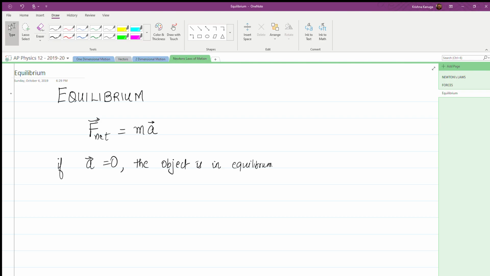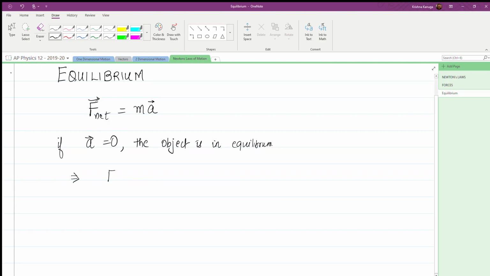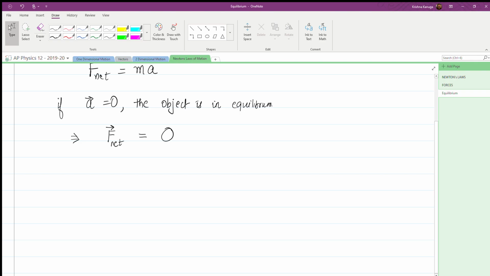Now this means that anytime a system is in equilibrium, the net force acting on the object is going to be 0. We know that you could have multiple forces acting on the object, and so the statement F net equal to 0 means that the vector sum of all the forces acting on the object is equal to 0.